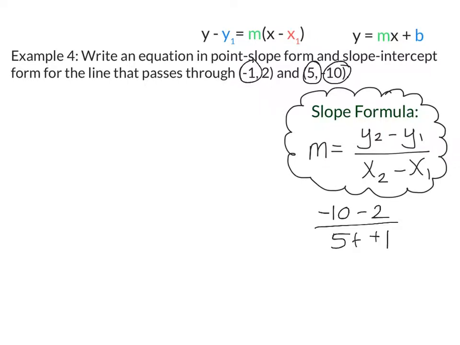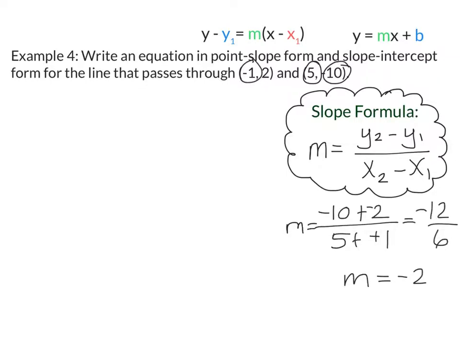Minus a negative is plus a positive. So my slope m is equal to -10 minus 2, or plus a -2, is -12. And then 5 plus 1, which is 6. So -12 over 6 is simplified to -2.